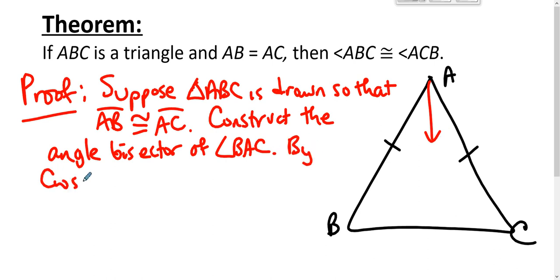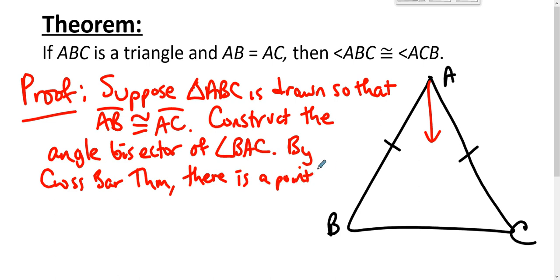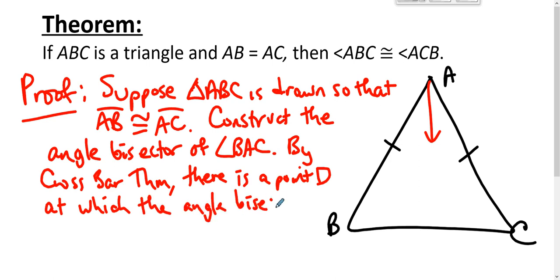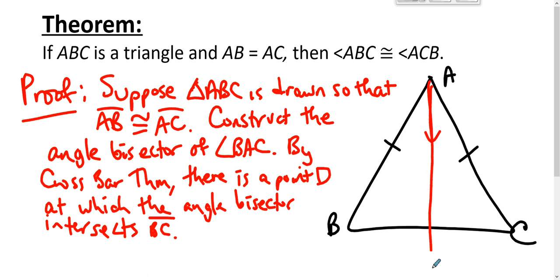By the crossbar theorem, there is a point D at which the angle bisector intersects segment BC. That happens by crossbar.